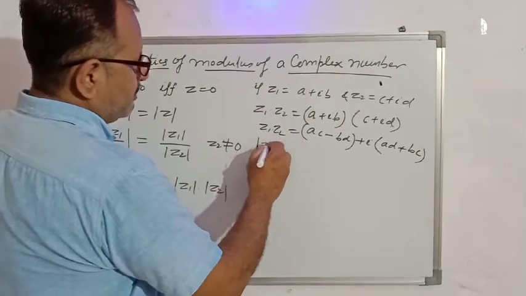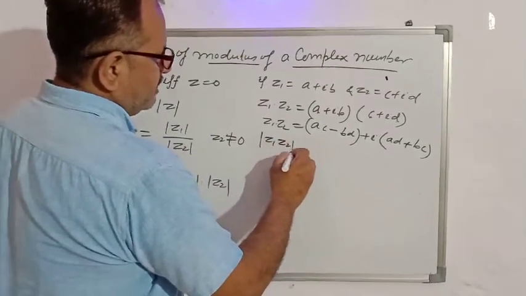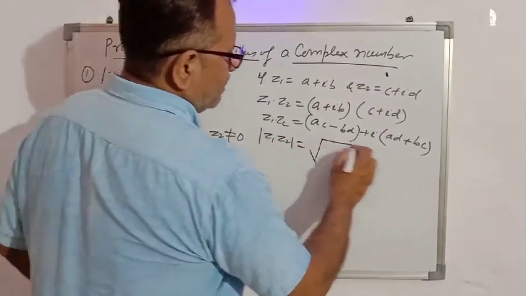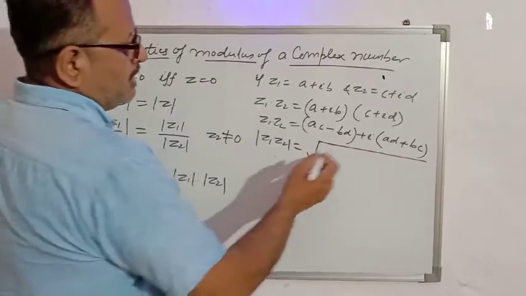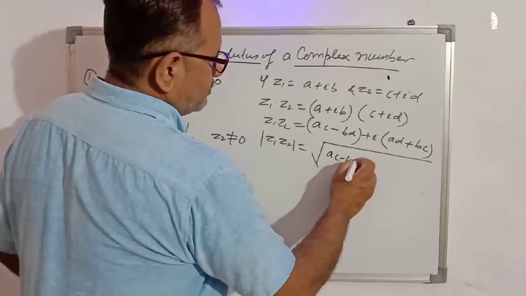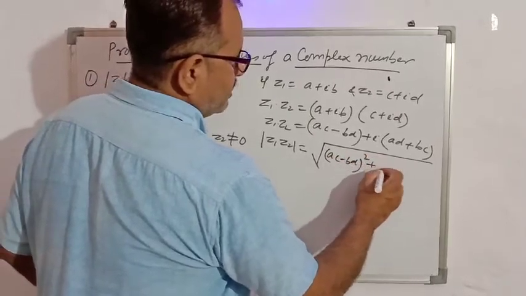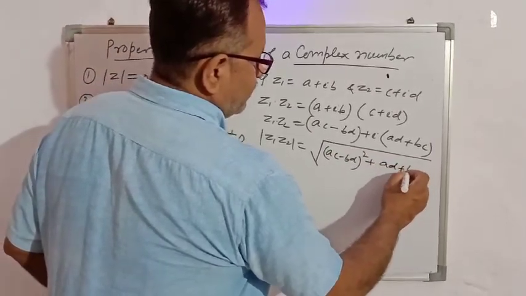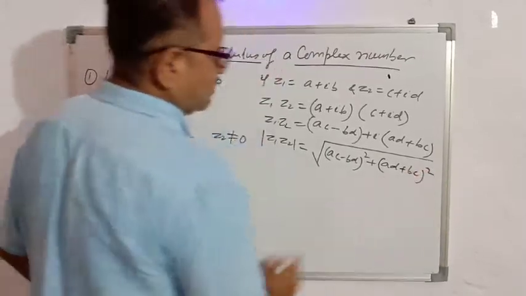Now we have to take mod of z1 z2. So we will take the sum of the squares of the real and imaginary parts: ac minus bd whole square plus ad plus bc whole square.